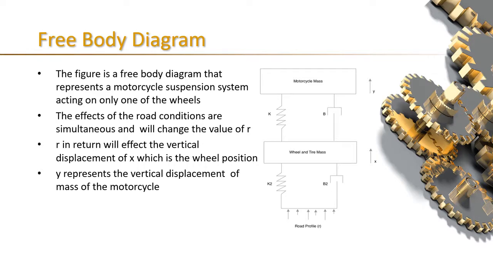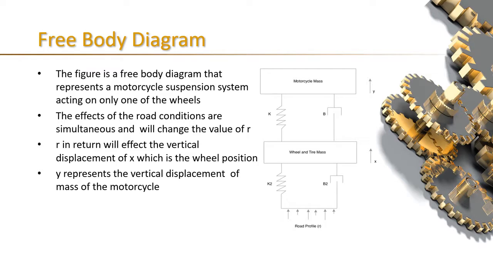Right here to the right, you can see a free body diagram, a basic concept to give a visual idea of what goes on with a suspension. As you can see, a spring and damper system is connected between the mass of the motorcycle and the wheel and tire mass.